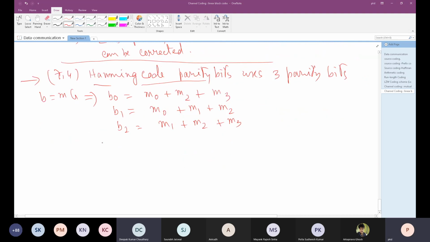So therefore, this will give zero, 1, 1, and that same matrix we will get 1, 0, 0. And of course, this side is the message only.